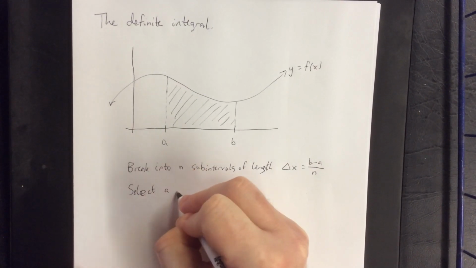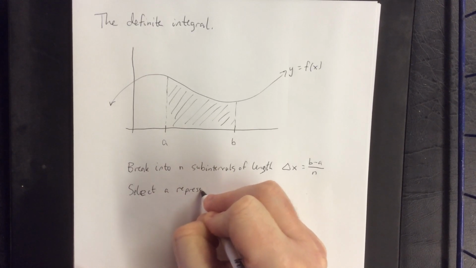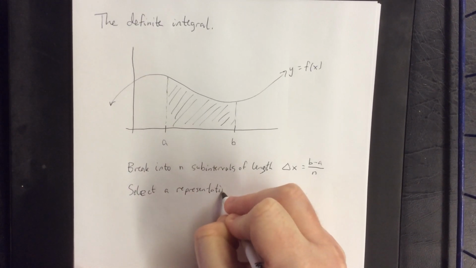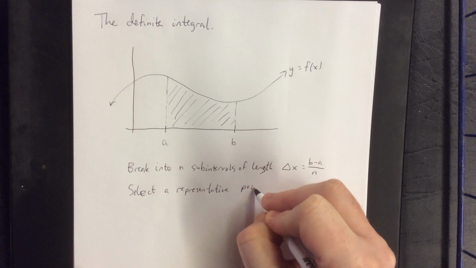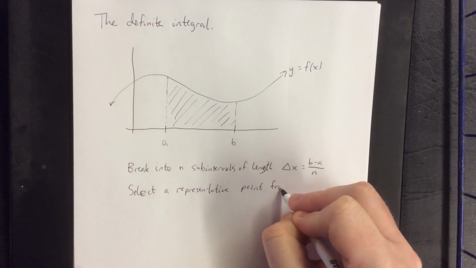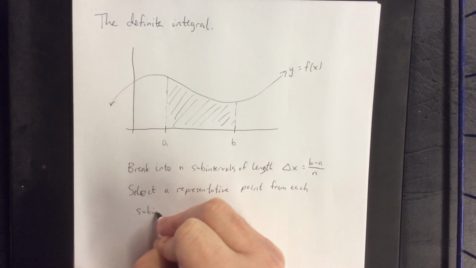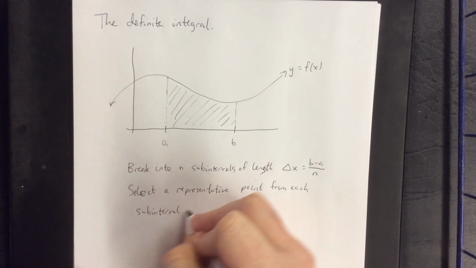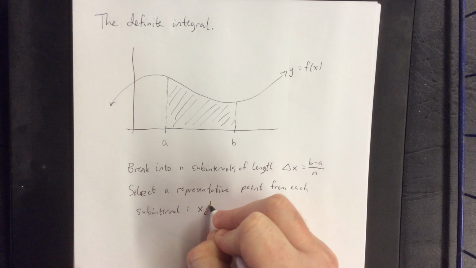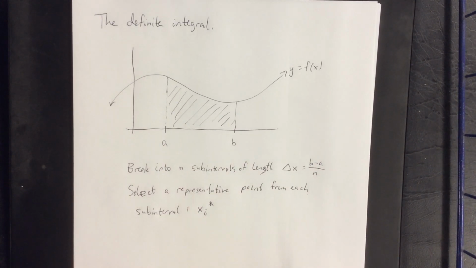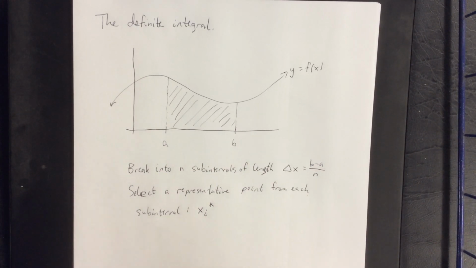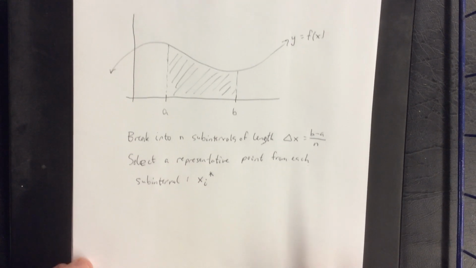Then we're going to select a representative point from each subinterval, and we're going to refer to that point as x sub i star. In the previous section, this could have represented the left endpoint or the right endpoint. Ultimately, though, it didn't matter which endpoint it wound up being.